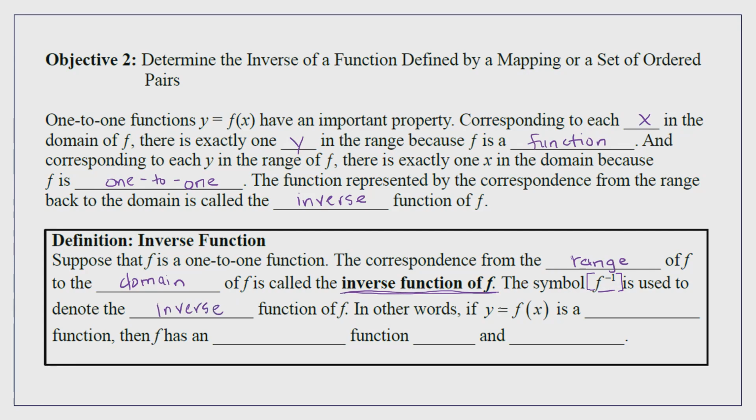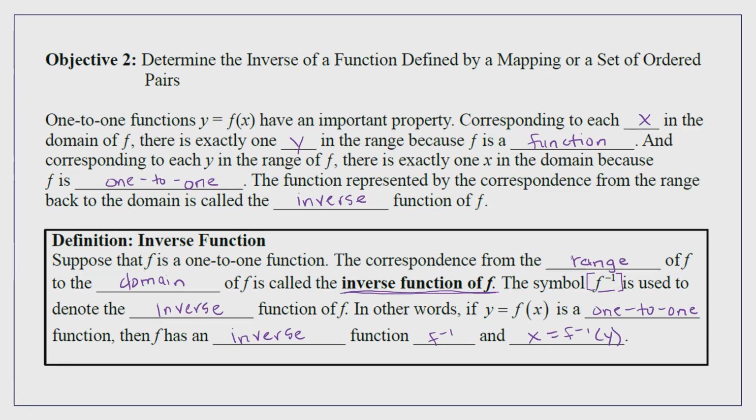In other words, if y equals f of x is a 1-to-1 function, then f has an inverse function where x equals the inverse function of y.